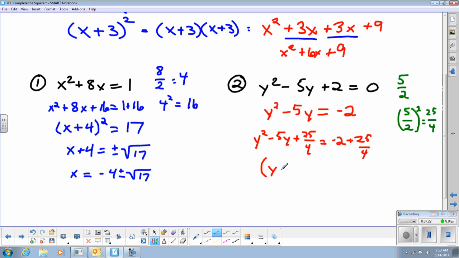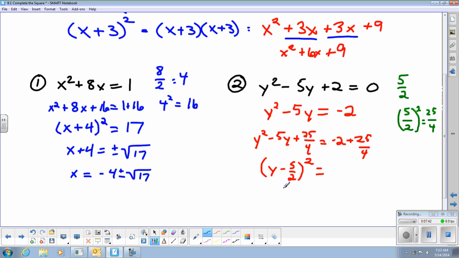In this case, I will write minus 5 halves, because my middle term is negative, so that means a negative inside the parentheses. So I have y minus 5 halves squared equals negative 2 plus 25 fourths.